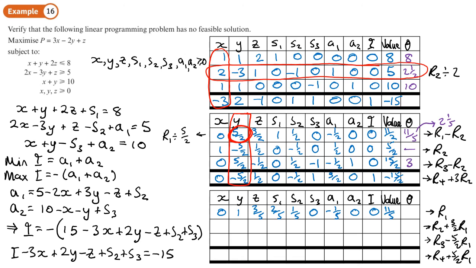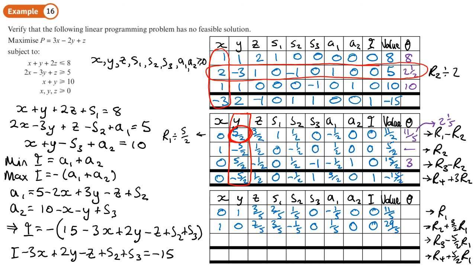So once those values have been calculated, we'll get the following: 1, 0, 7/5, 3/5, -1/5, 0, 1/5, 0, 0, 29/5.